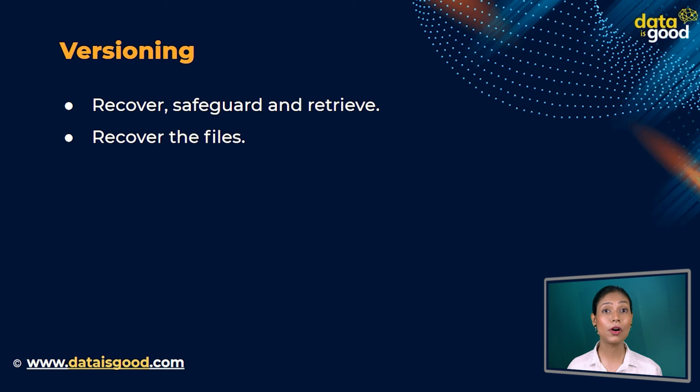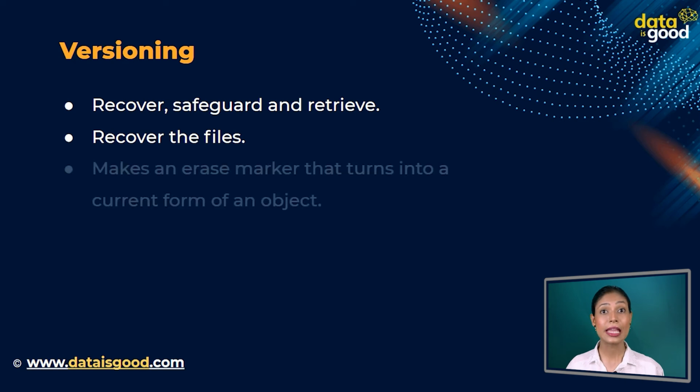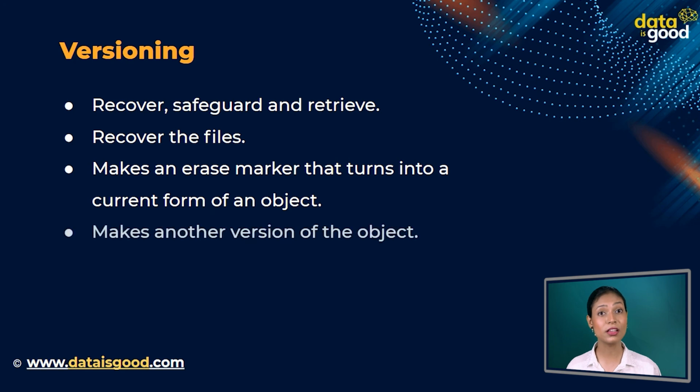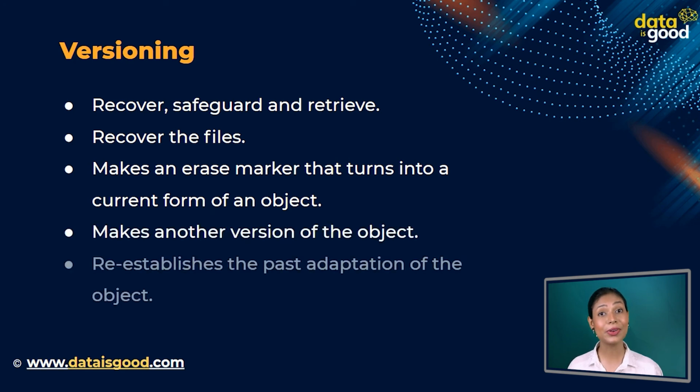First, if we want to erase an object, rather than erasing the item forever, it makes a delete marker that becomes the current version of the object. If we want to overwrite an object, it makes another version of the object and restores the past version of the object.